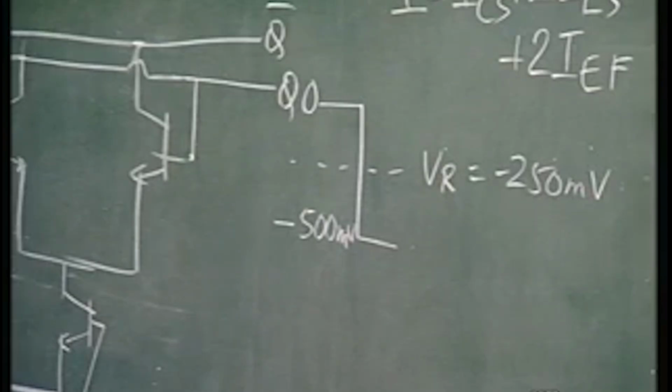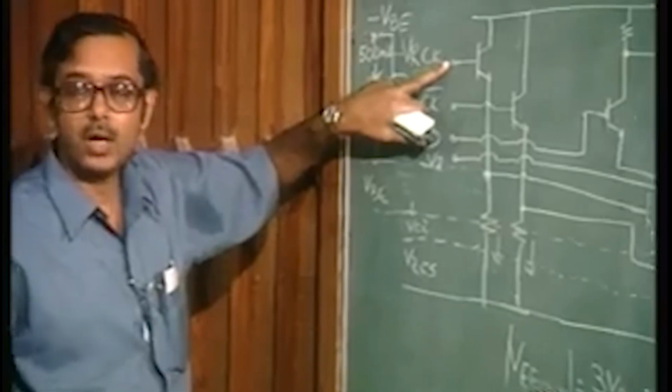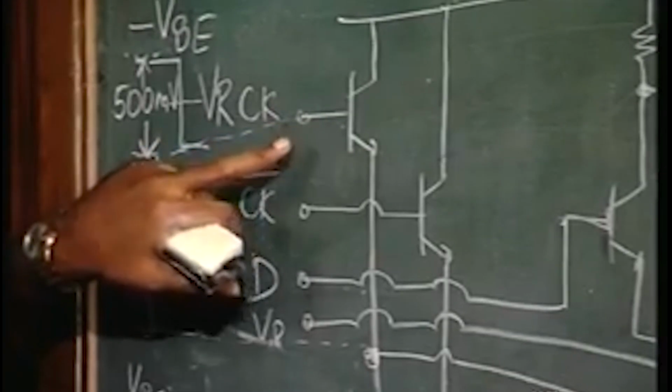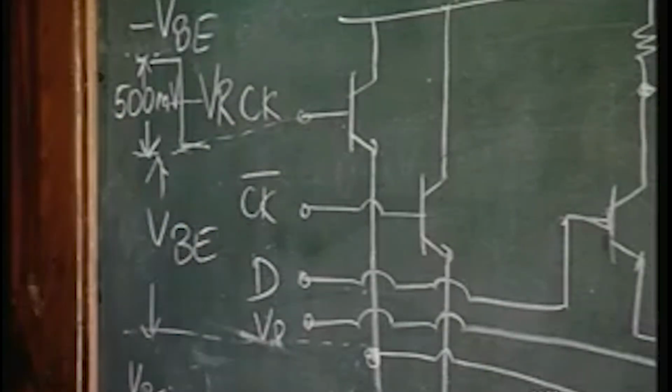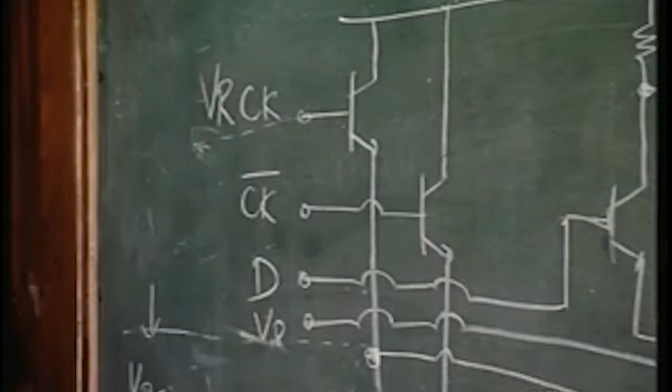So, the input voltage here, at the clock input here, is no longer minus VBE minus 500 millivolts, but it is now from 0 to minus 500 millivolts. Okay. So, what has happened now?